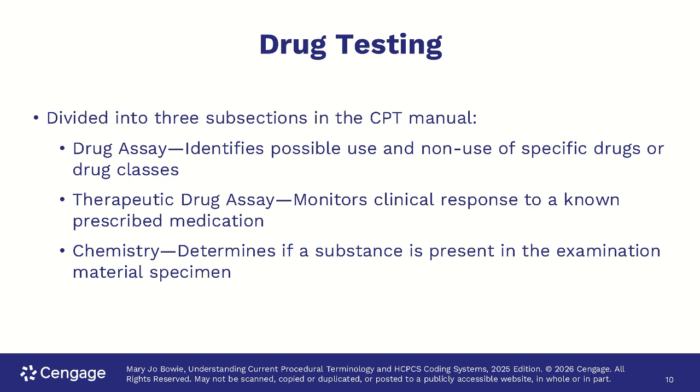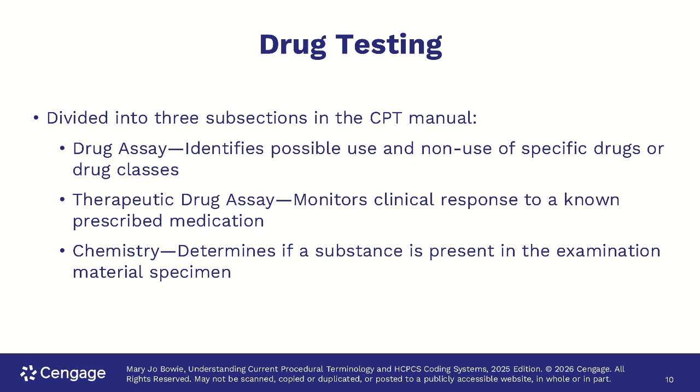You have the therapeutic drug assay. These tests are done to monitor clinical response to a medication. And then you have chemistry. These tests are completed to determine if a substance is present in the examination material of the specimen.